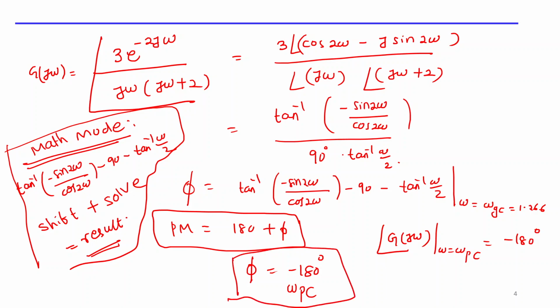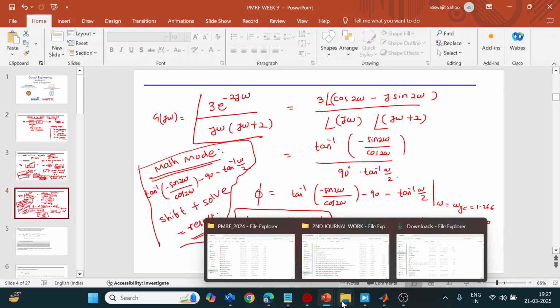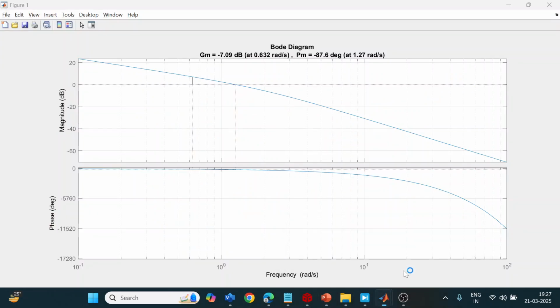Once you find omega pc and omega gc, then you can find the gain margin and phase margin. Coming back to my MATLAB screen, let me show you in that MATLAB plot. You can clearly see that the gain margin is minus 7.09 decibel at omega pc.